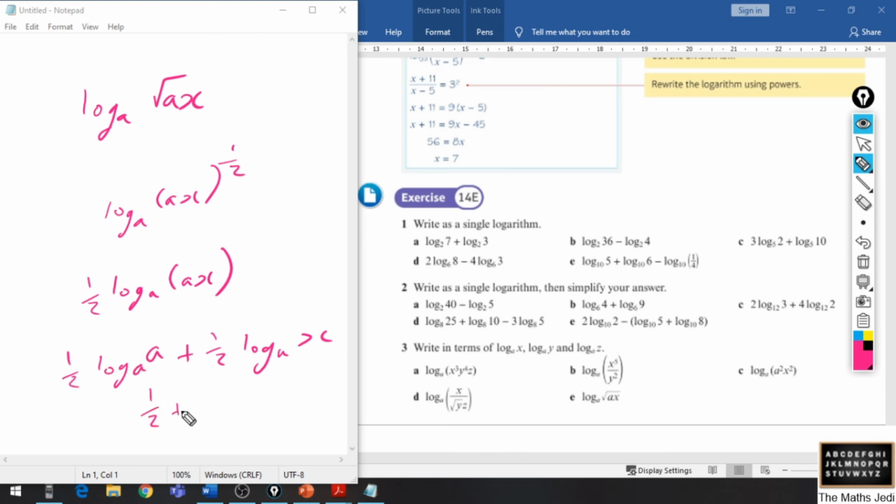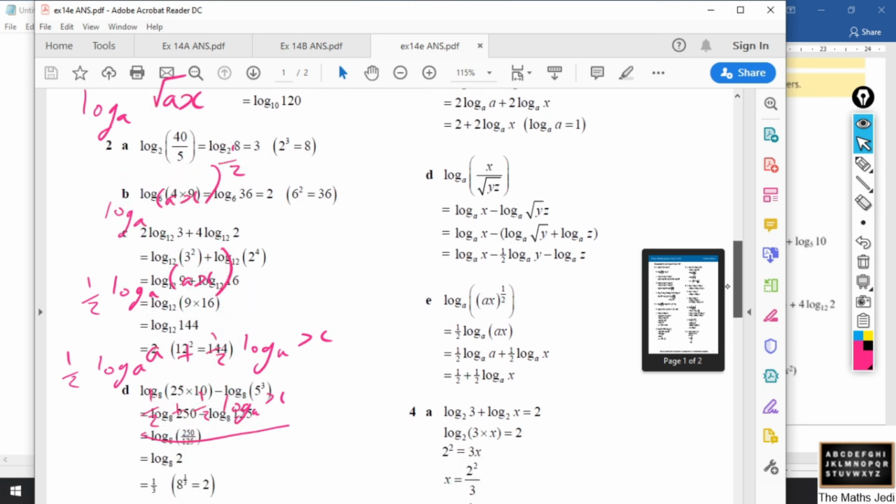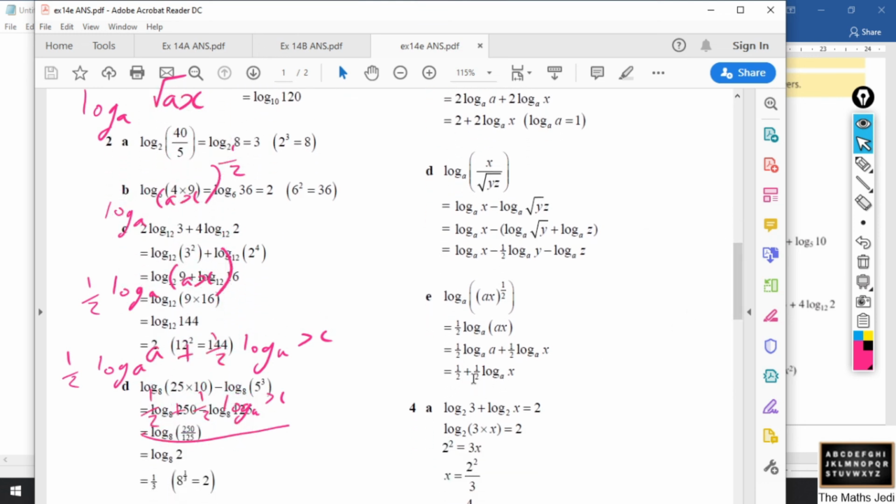So we've got a half plus a half log base a of x. Let's check our answer. And there it is, half plus a half log a of x.